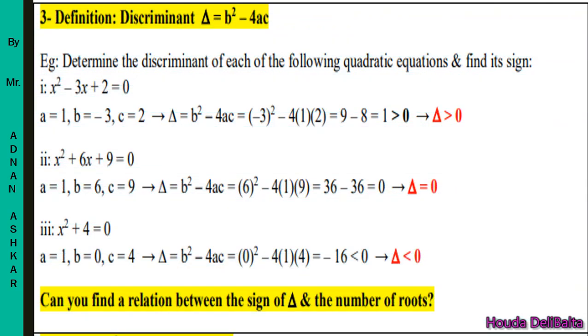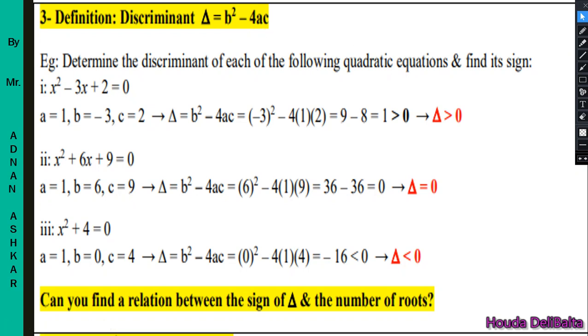We are going to talk about the discriminant that's usually denoted by delta. So this is the symbol of the discriminant. Its formula is b squared minus 4ac. What are b, a, and c?